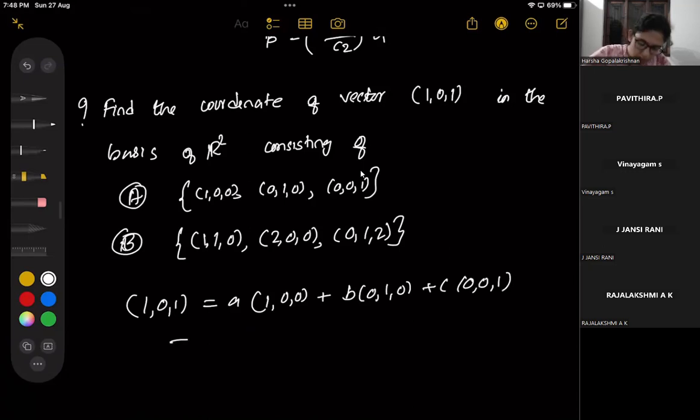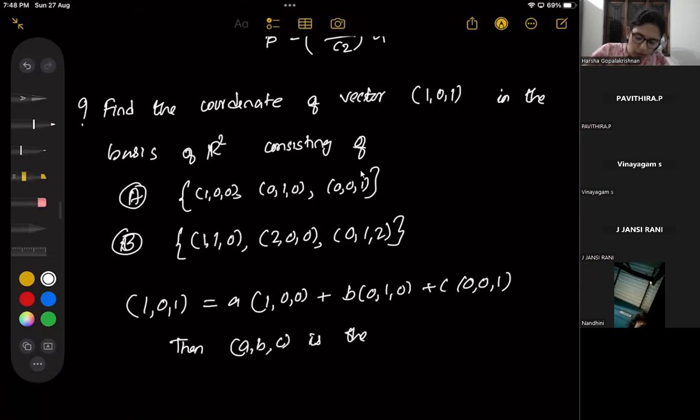If we are writing like this and solving for A, B, C, whatever we get, this A, B, C is the required coordinate corresponding to the given basis 1, 0, 0, 0, 1, 0, 0, 0, 1. Required coordinate. Clear? Here in the first question, to find the coordinate, it is easy.